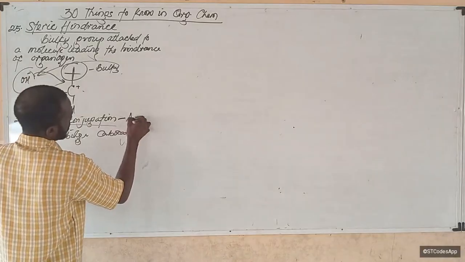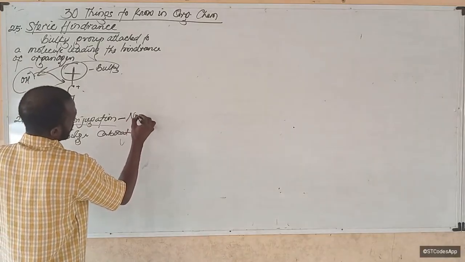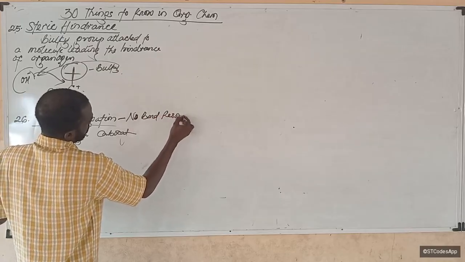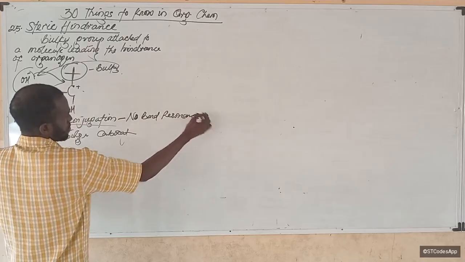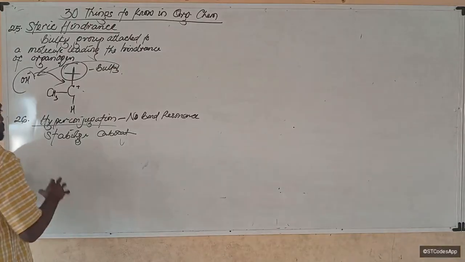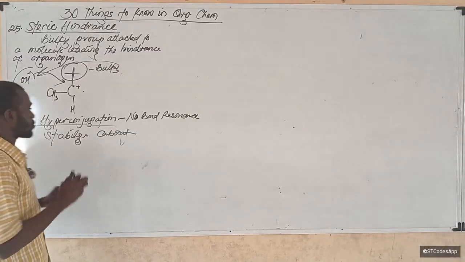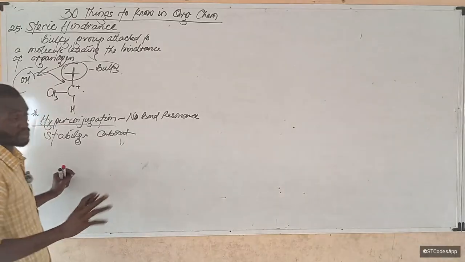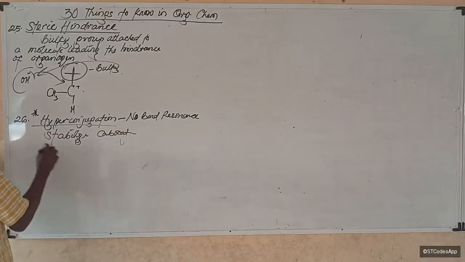Hyperconjugation effect is also called no bond resonance. Okay. Now there's an exam question that I saw where they said which of these is hyperconjugable. Because of the length of this video, I will not be doing that. I will release another video on hyperconjugation effect and maybe those other effects that I have not explained before. I will release them later.